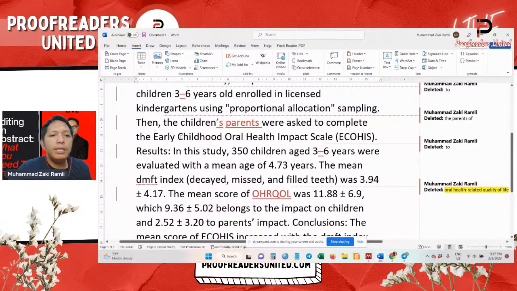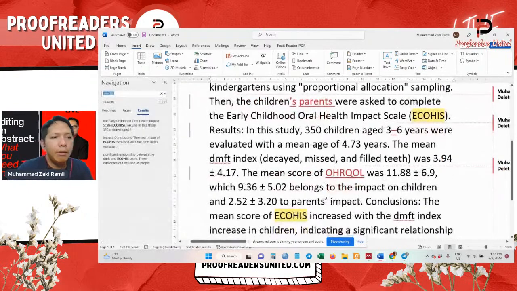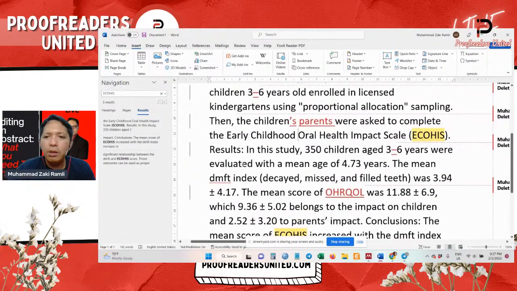Okay, so this abbreviation is used here and it's repeated how many times? 3 times. So as for this ECOHIS, the authors of this article know how to use abbreviation. I wonder why for ORCAL they did not use the abbreviation ORCAL. Interesting. Okay, next, results. In this study, 350 children aged 3 to 6 years were evaluated.